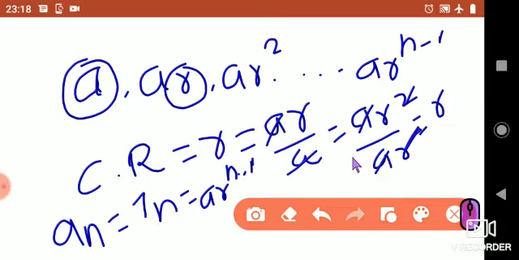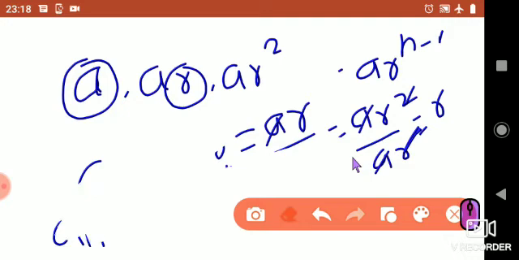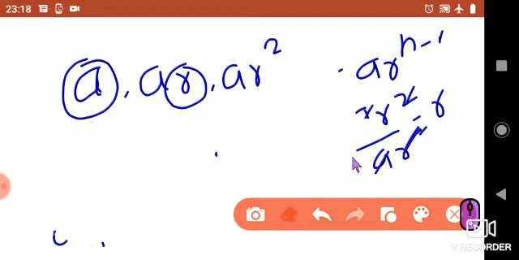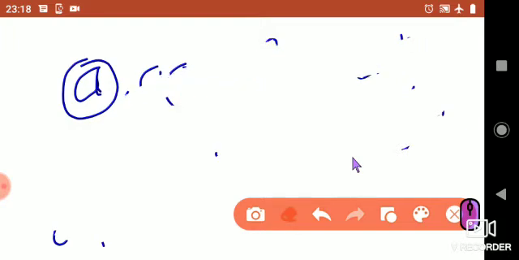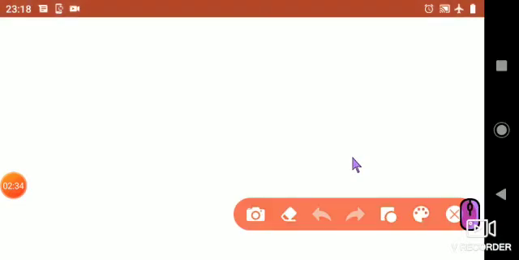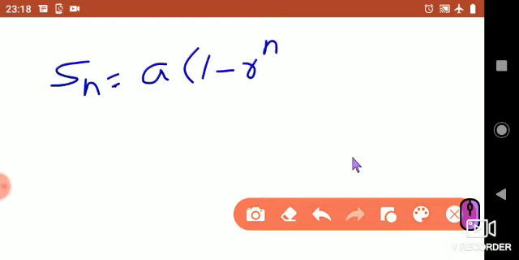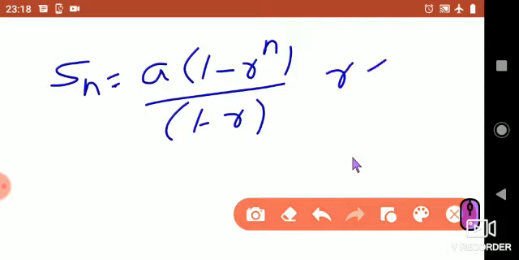The sum to n terms of a GP is denoted by the notation Sn, and it is given by the formula Sn is equal to A, the first term, into 1 minus R to the power n divided by 1 minus R if R is less than 1.